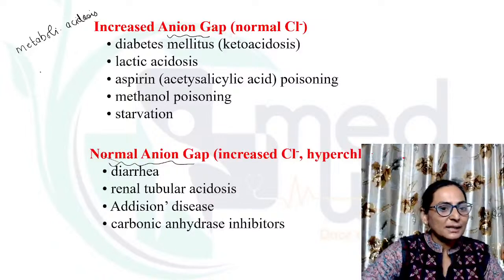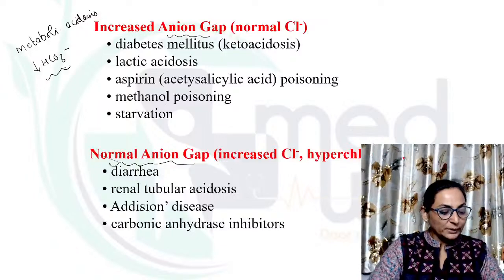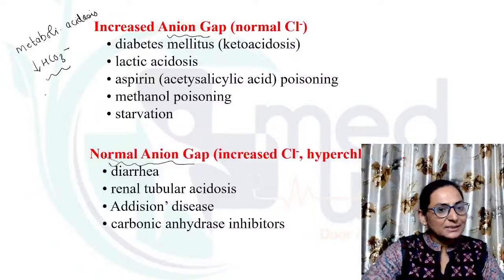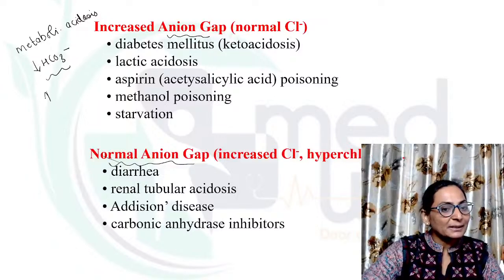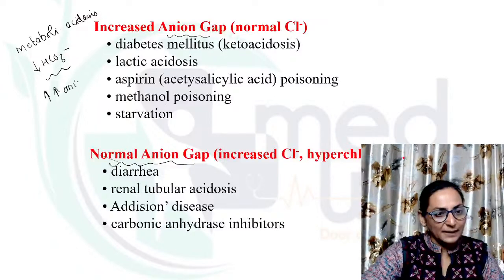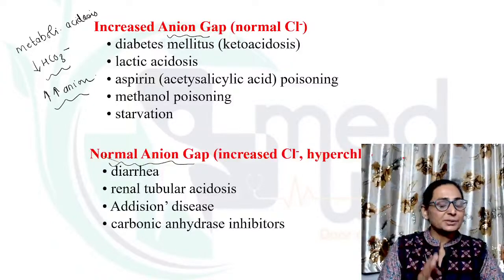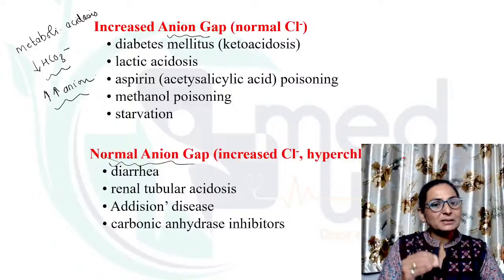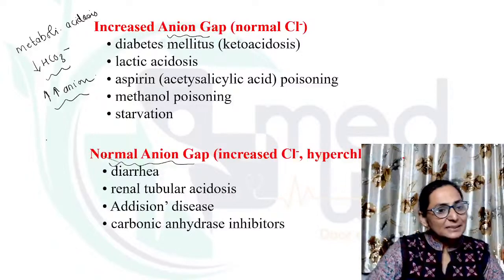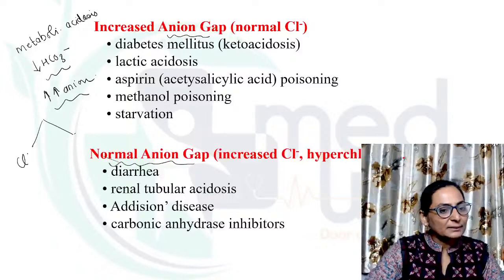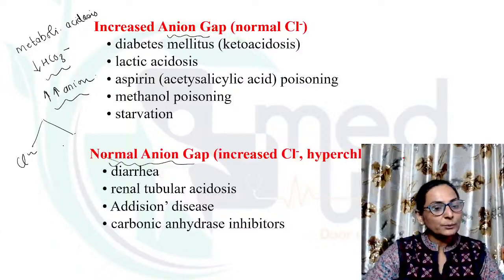This is useful only in the case of metabolic acidosis. Metabolic acidosis is a condition where there is a decrease in bicarbonate ions. Remember, bicarbonate is an anion. So whenever there is a decrease in bicarbonate, the body is going to compensate by increasing another anion. This increased anion could be either chloride or unmeasured anions.